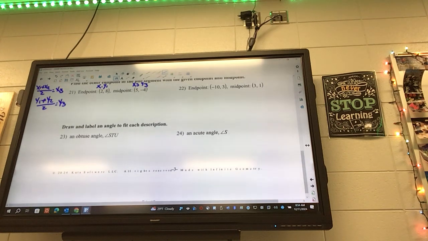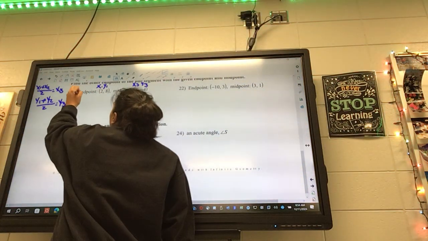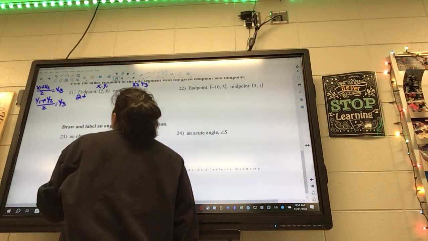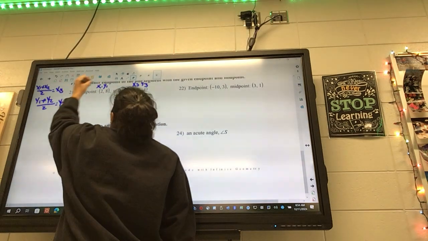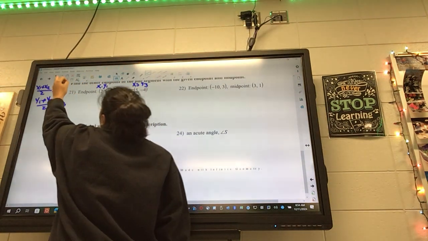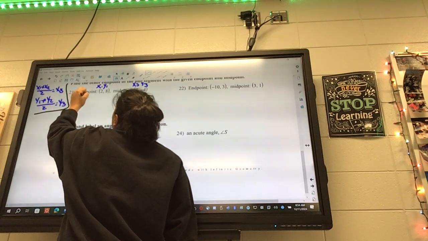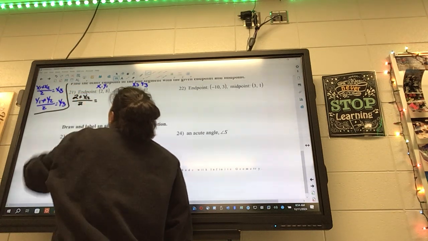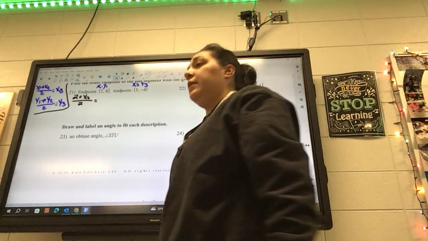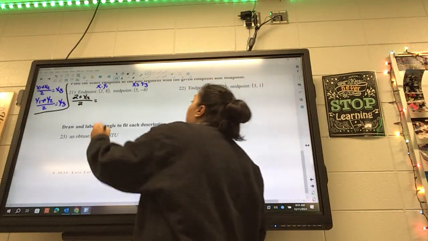Okay, so starting with the x's, what is my x1? 2 plus, what is my x2? We don't know it, it's not labeled on there. So it's gonna be 2 plus x2 over 2 equals, what is my x3? 5.